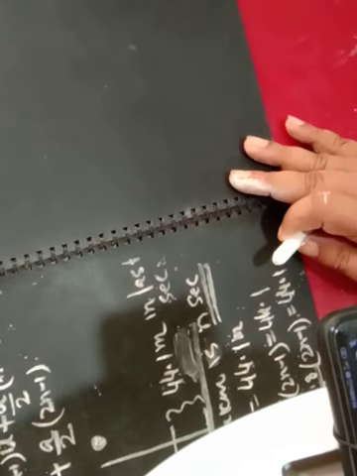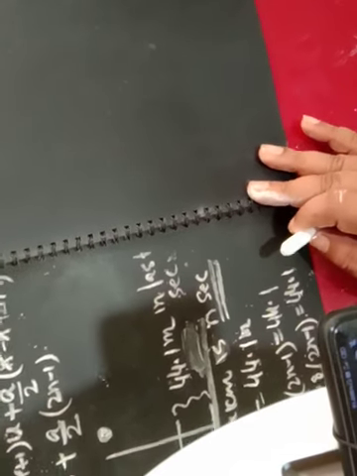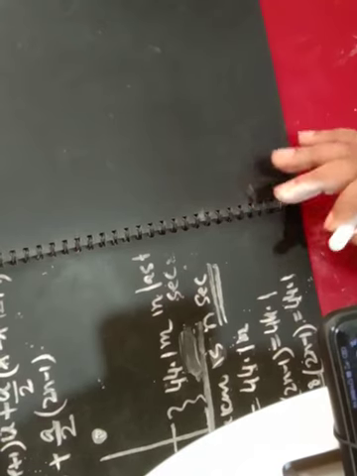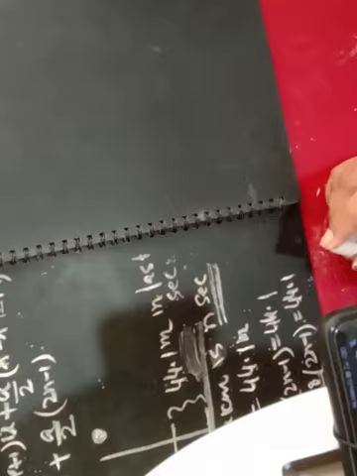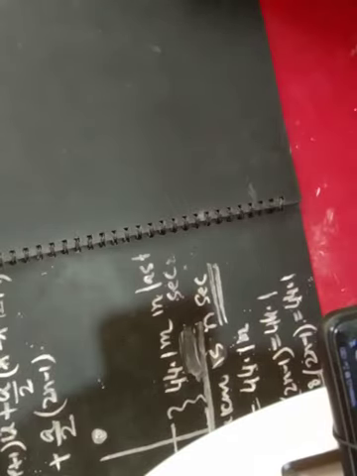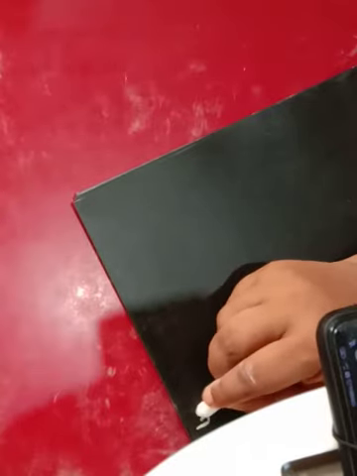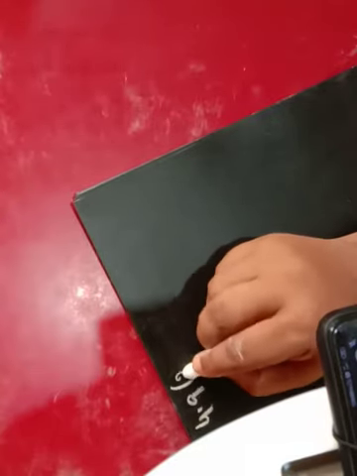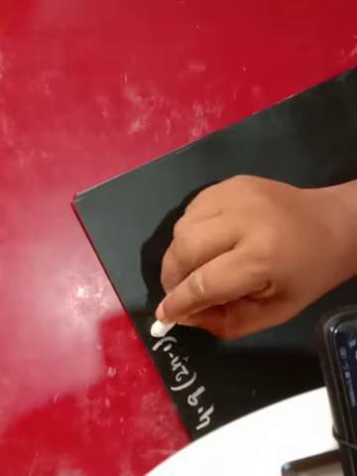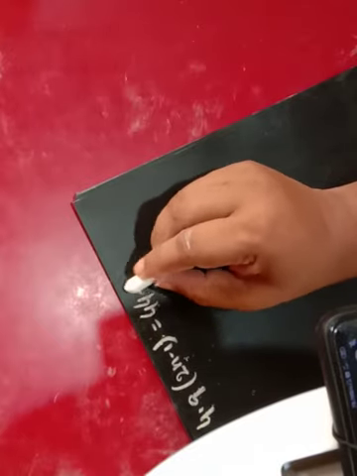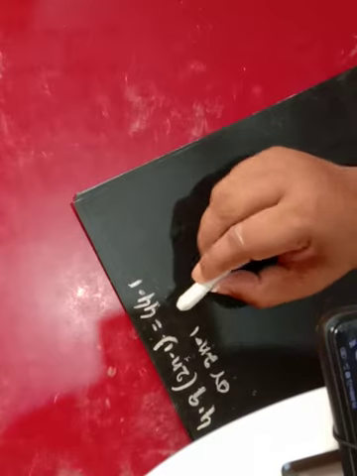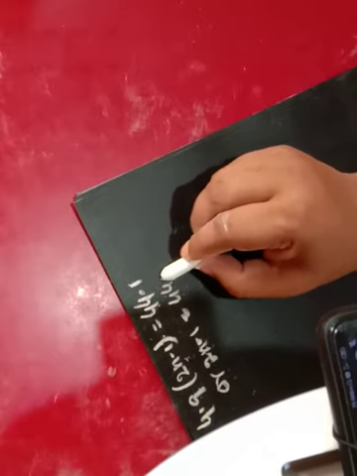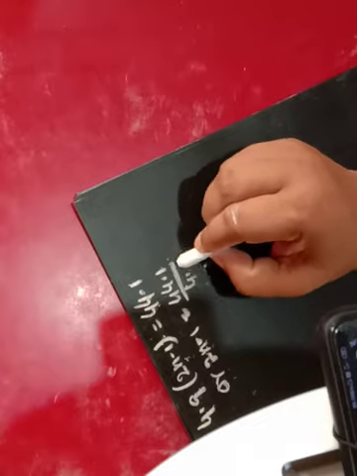So that is 4.9 into 2n minus 1 equal to 44.1, or 2n minus 1 equal to 44.1 upon 4.9.